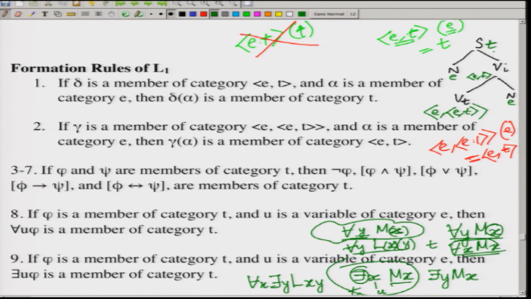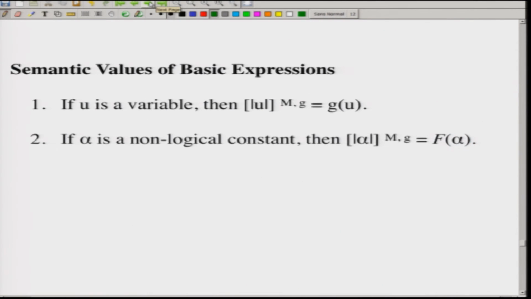So we go to the next level, semantic values of the basic expressions. If u is a variable, then u's value will be determined by g, as we have seen, the value assignment function. The value assignment function gives values not to the constants, because constants have different values, but to the variables.